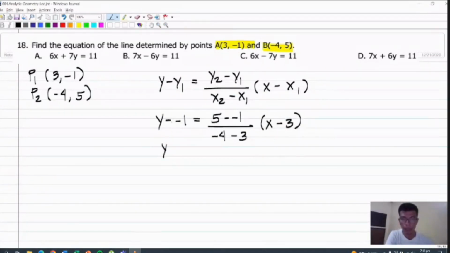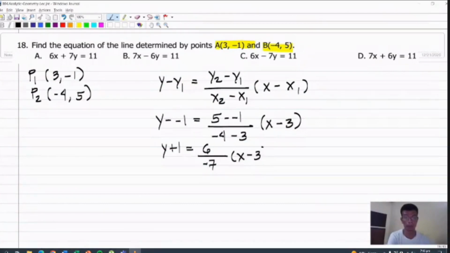So, this will become minus minus 1, magiging positive 1. And 5 minus minus 1 is 6. Negative 4 minus 3 is negative 7. If I'm not mistaken. So, tama.